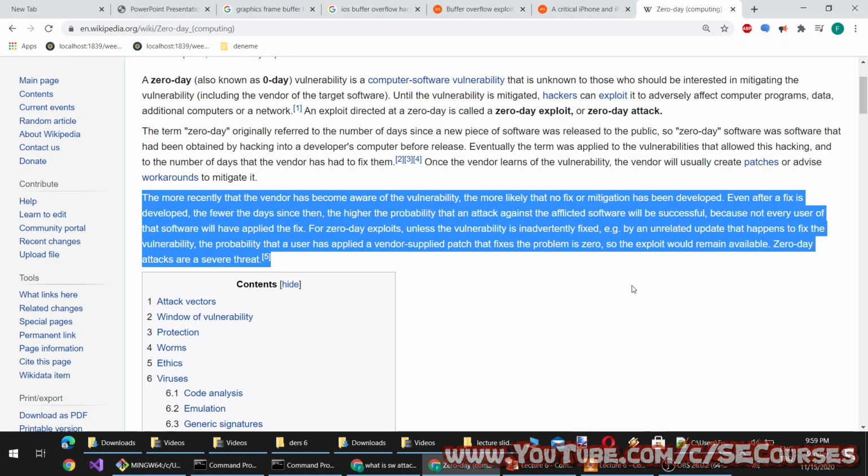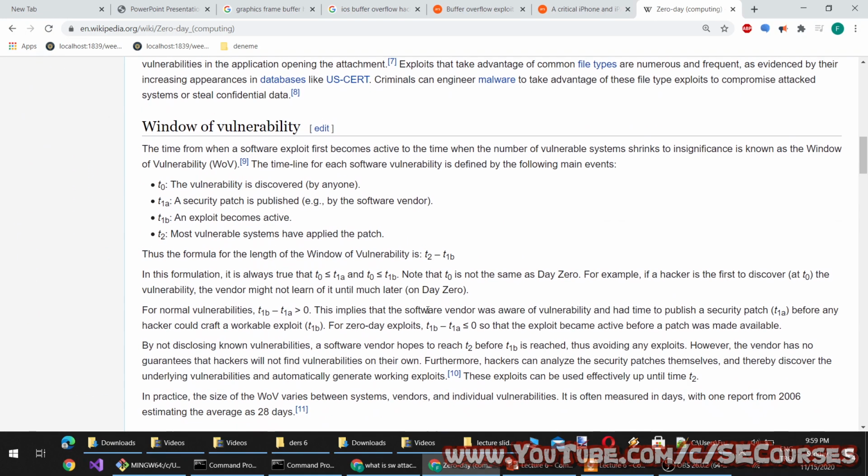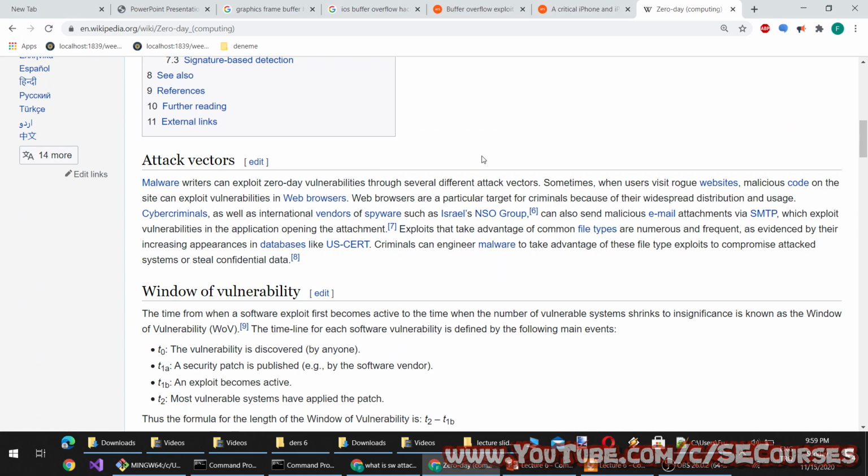For zero-day exploits, unless the vulnerability is inadvertently fixed, e.g. by an unrelated update that happens to fix the vulnerability, the probability that a user has applied a vendor-supplied patch that fixes the problem is zero, so the exploit would remain available. Zero-day attacks are a severe threat. Okay, so this is the generic term of exploits.